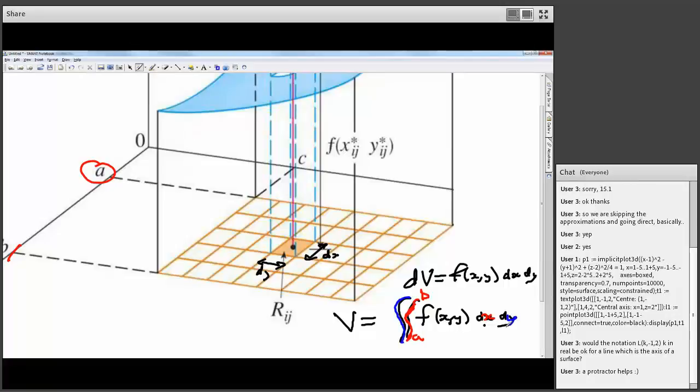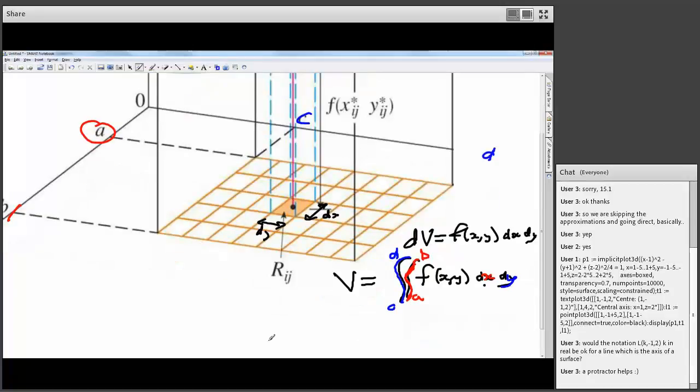Outside, the y would be from C to D over here. So this notation suggests inside matches up, outside matches up. And so these just indicate what the limits in the different x's and y's are. Basically we're summing x's from x equals a up to x equals b. That's what the notation is trying to suggest. How we do it isn't always that way, but that's where the notation comes from.